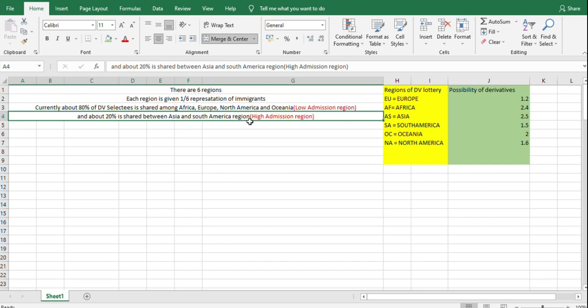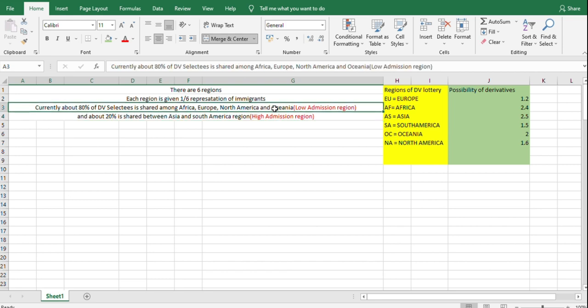Also currently, the high admission regions account for a total of 80% of the total immigrants representation, while the low admission regions account only for about 20% of the total representation of the immigrants.